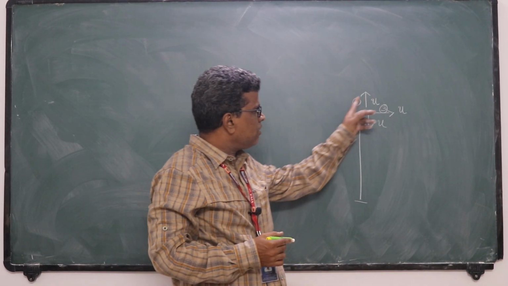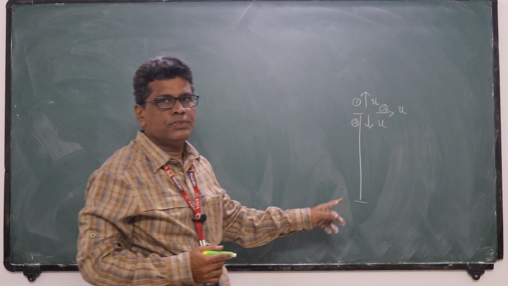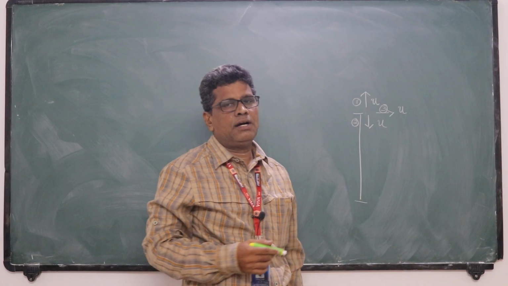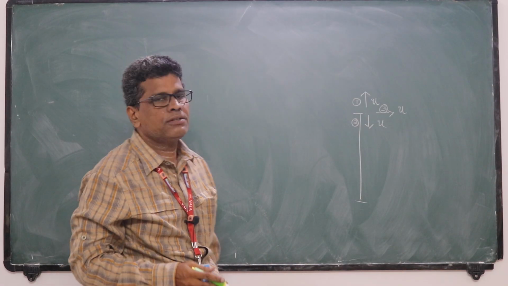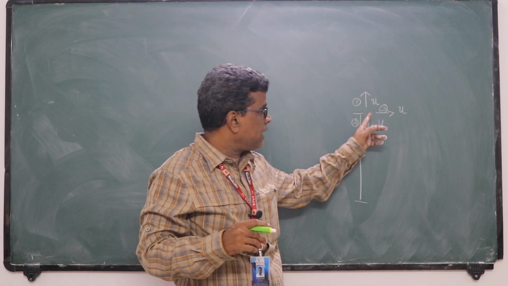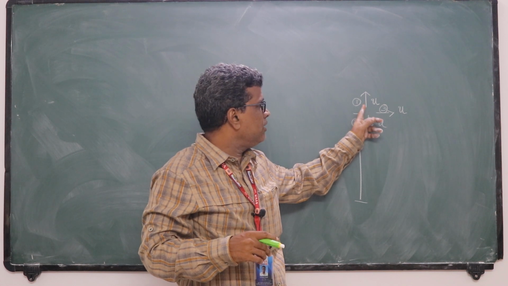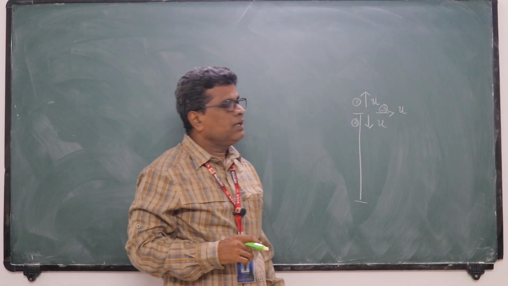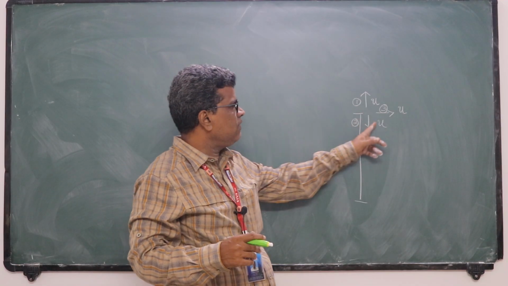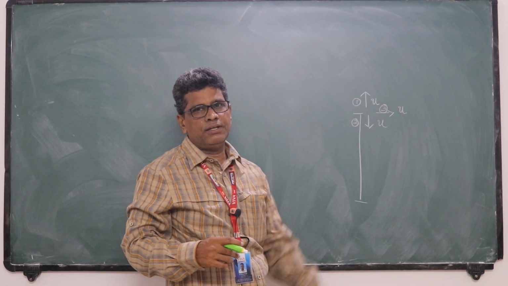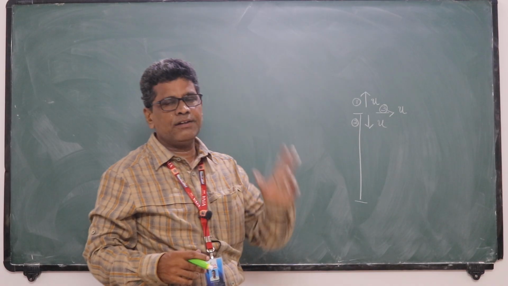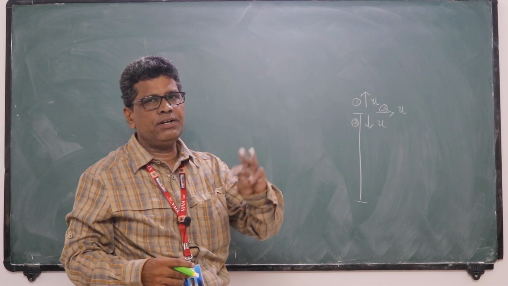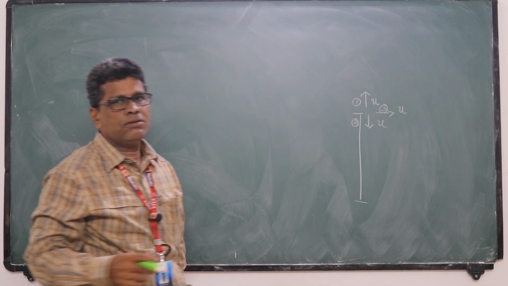If they reach the ground in times t1, t2, t3 seconds respectively, and hit the ground with velocities v1, v2, v3 respectively, then how do you correlate v1, v2, v3, t1, t2, t3? So this is the question.